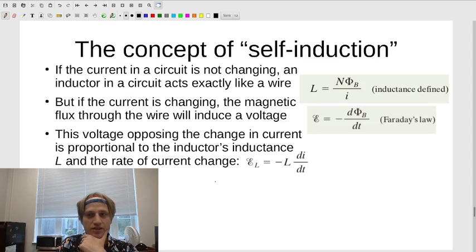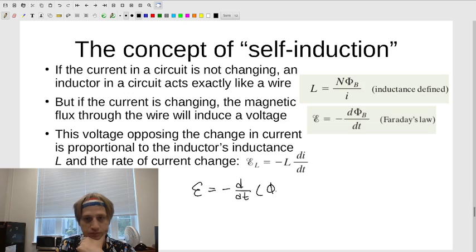Faraday's law tells us that through a component, the induced voltage is equal to minus d dt of the flux. Now, I can rewrite that flux in terms of the current and the inductance.